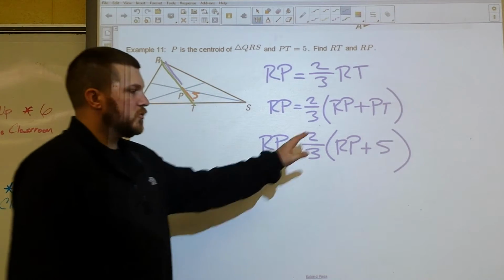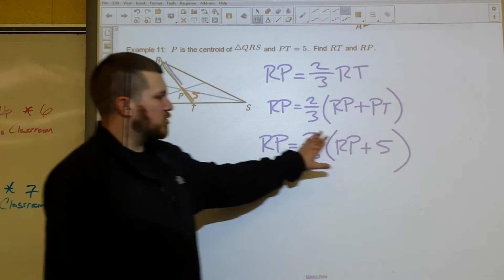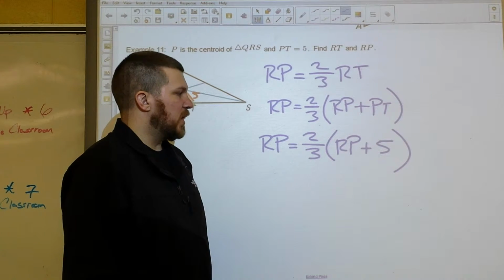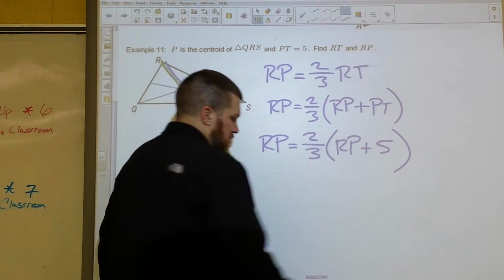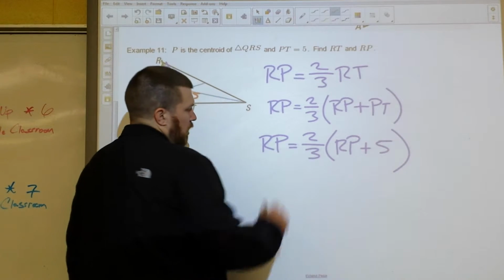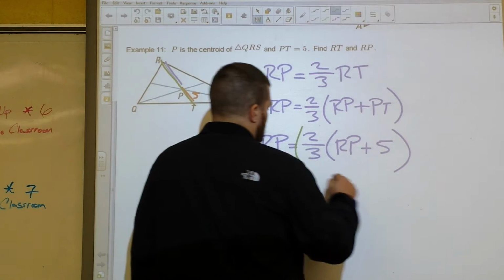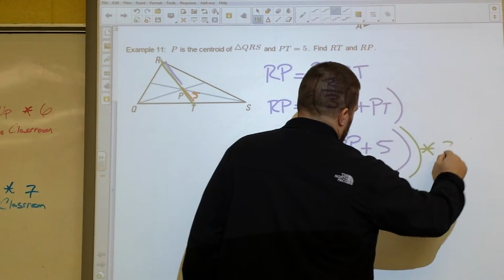Now I have the distributive property here, which I could do, but instead I'm just going to get rid of my fraction. I'm going to do that in 2 steps. The first step is to always multiply by whatever number is on the bottom. So in this case, we're going to multiply both sides of the equation by 3.